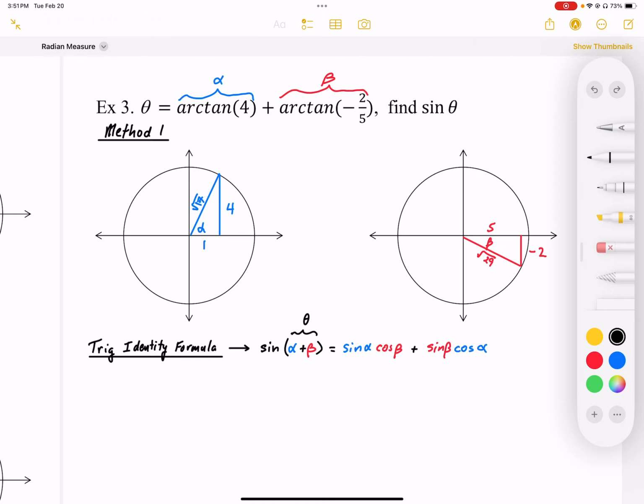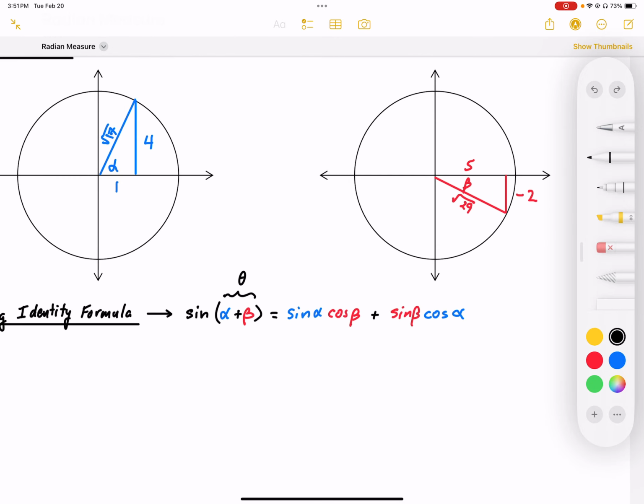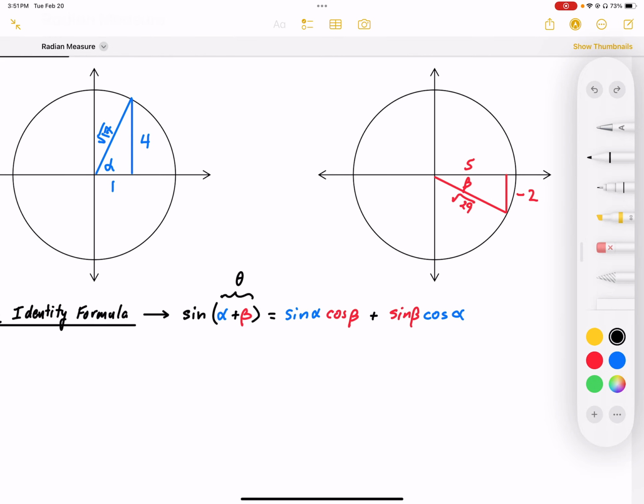So if I want to find sine of angle theta, I'm just going to apply this formula based on what I have here. So sine of theta is going to be equal to sine alpha. Sine alpha from my picture is 4 over square root 17.